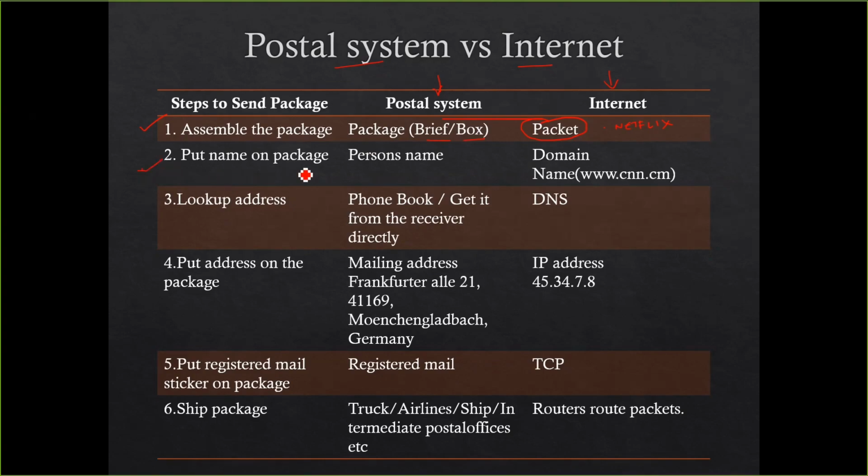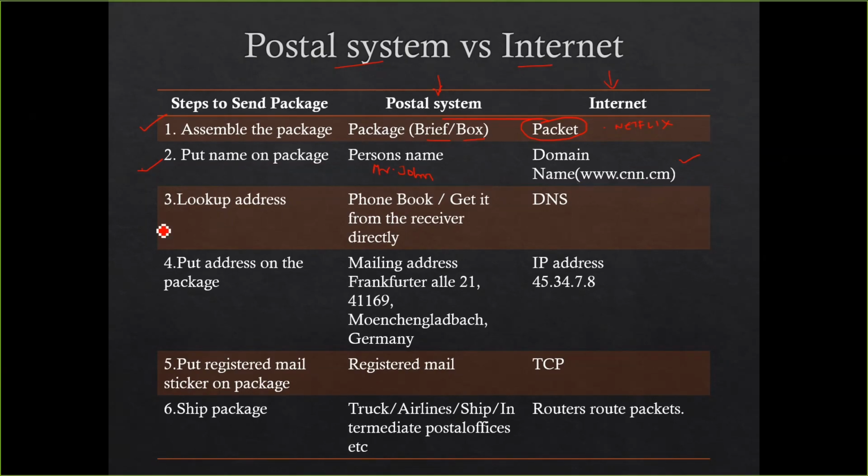You need to know which person is getting the packet, so you put the name Mr. John as the recipient. In the internet world, it's represented by the domain name, for example, if you are browsing CNN.com or BBC.com, that's the domain name.